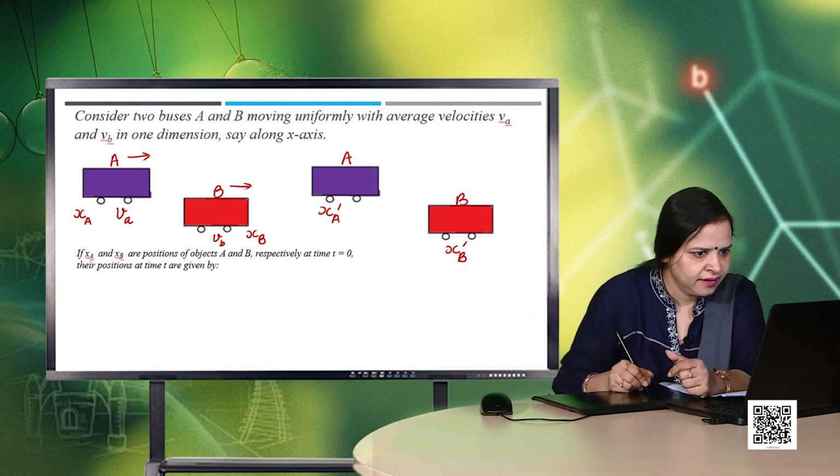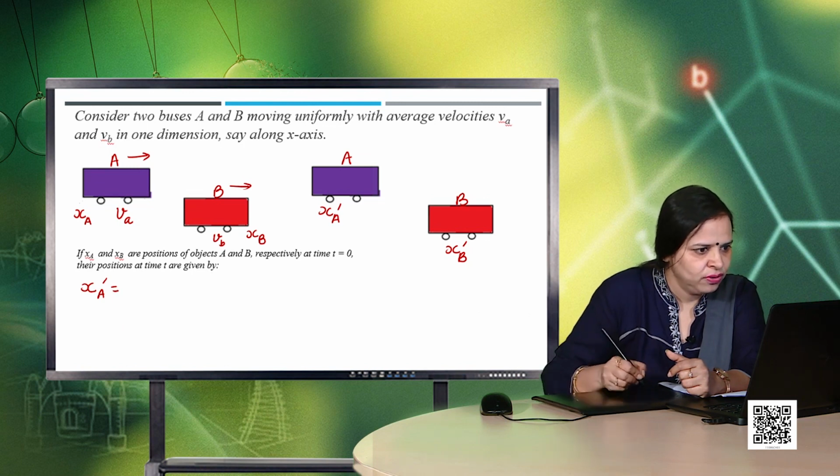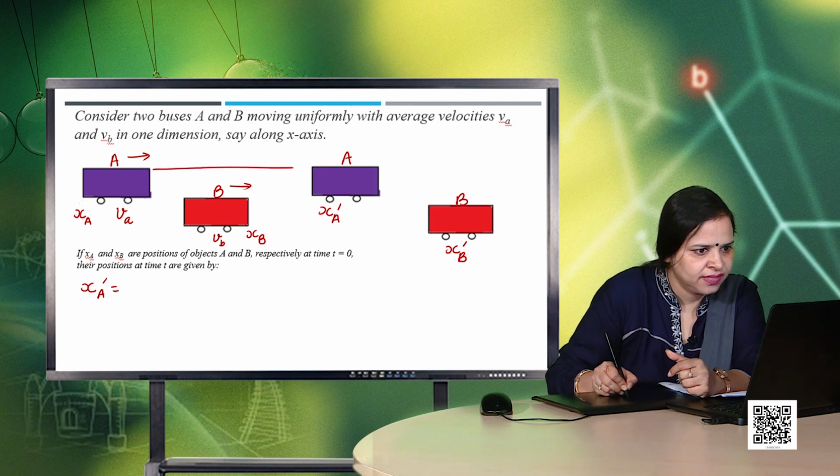Accordingly, the position of bus A, XA dash, is equal to the position XA at time 0, plus the distance travelled in time t. Now, how to calculate this distance?